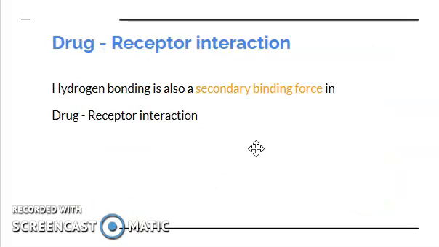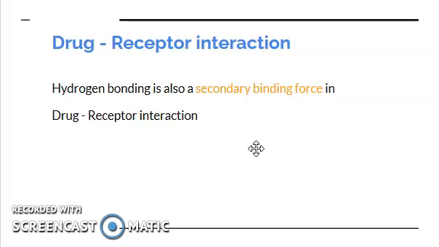Next, the final one, drug receptor interaction. This is the main concept with respect to medicinal chemistry. Why? Because the drugs can exhibit the pharmacological action when the drug and receptor binding is proper. As we have studied in the lock and key mechanism, when the key fits exactly in the lock, then only the lock will open.